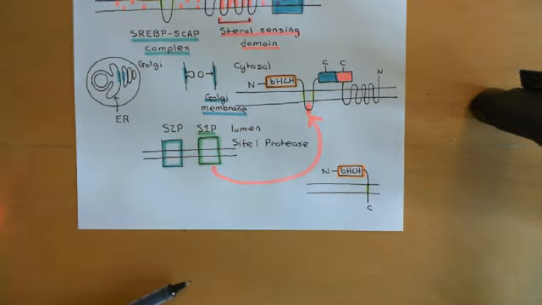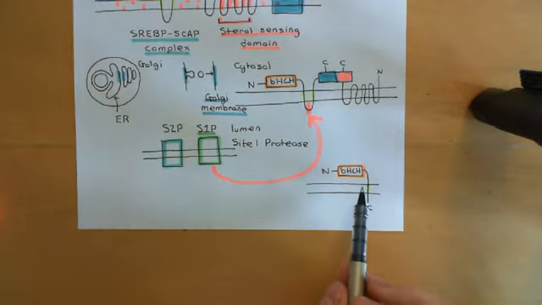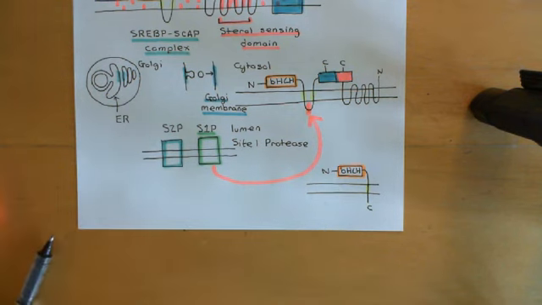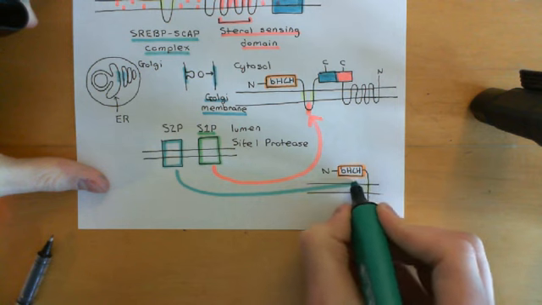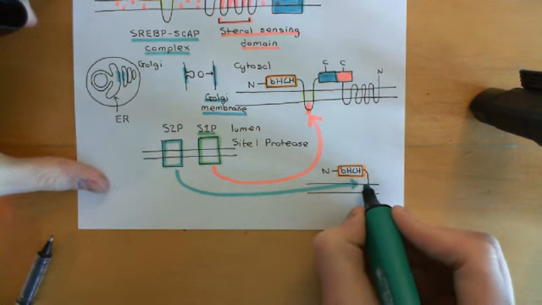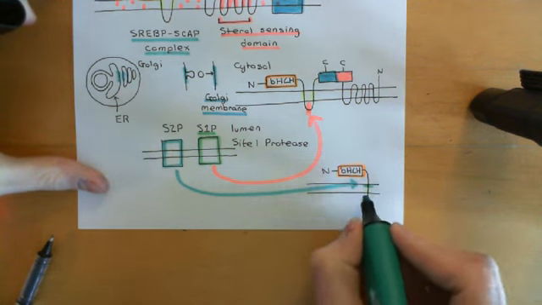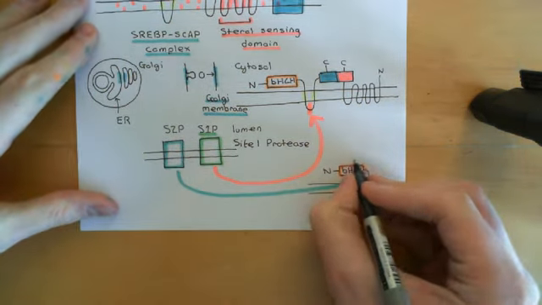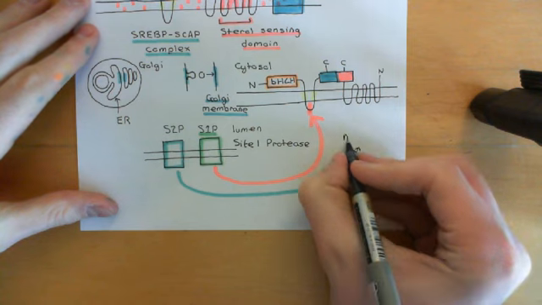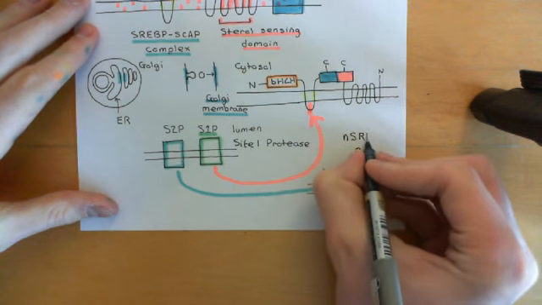Okay, so the site 1 protease goes first to produce this thing, and then the site 2 protease will have its go afterwards. So it will cut the SREBP at just the starting point of the transmembrane domain here, the first membrane spanning alpha helix, and then you'll actually get this nuclear SREBP being produced, basically.